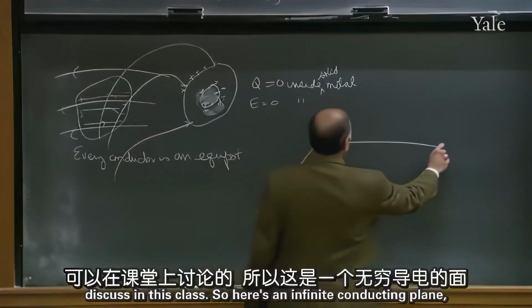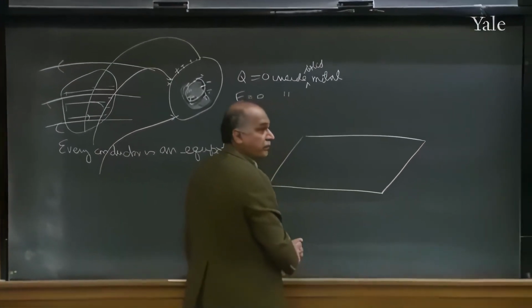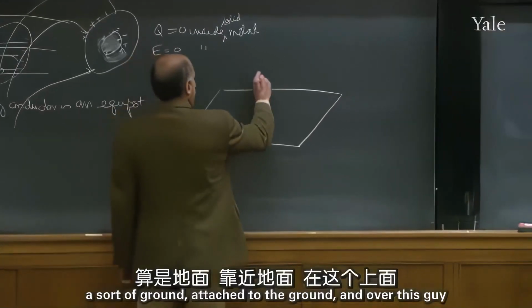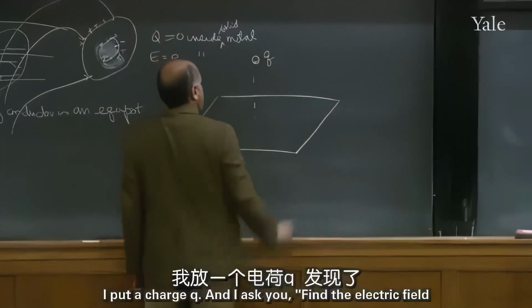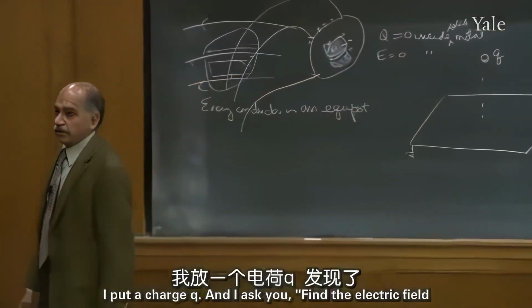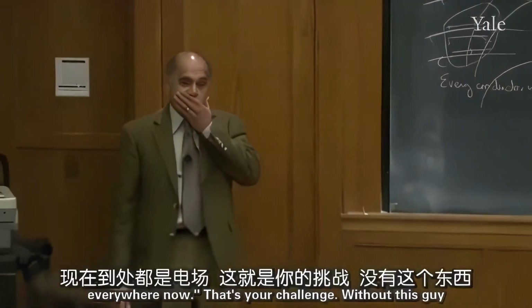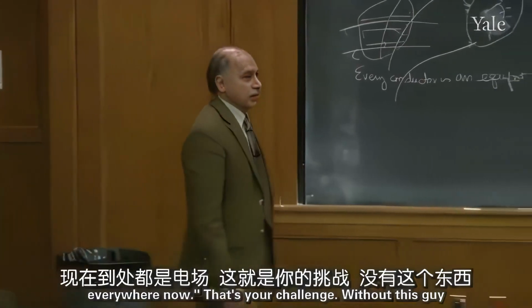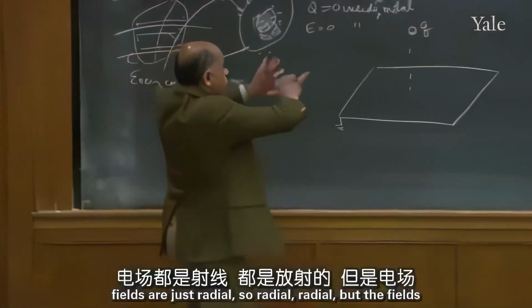So here's an infinite conducting plane, a sort of ground, attached to the ground. And over this guy, I put a charge Q. And I ask you, find the electric field everywhere now. That's your challenge. Without this guy, fields are just radial.